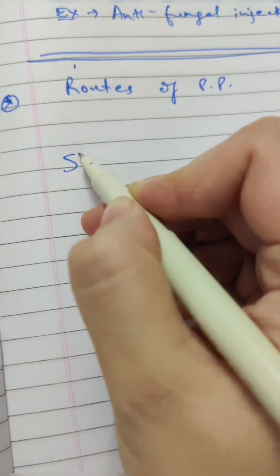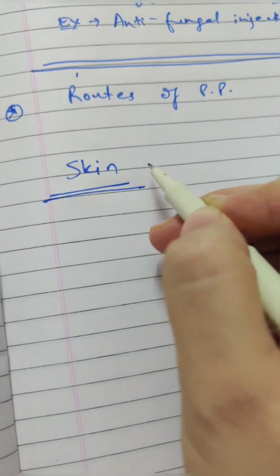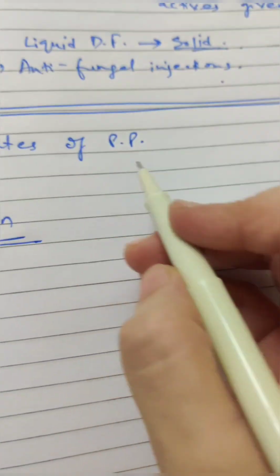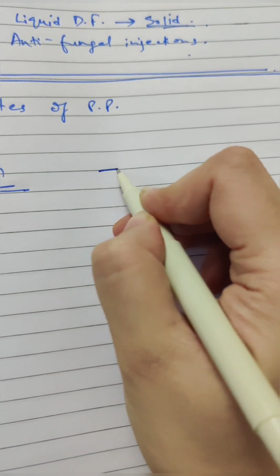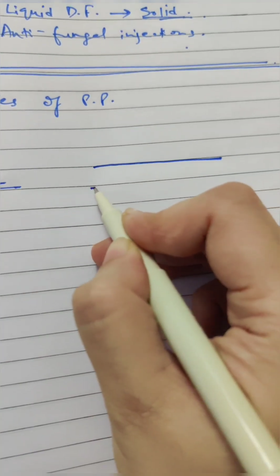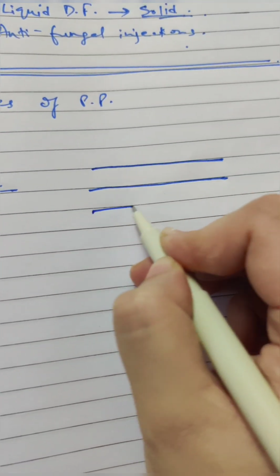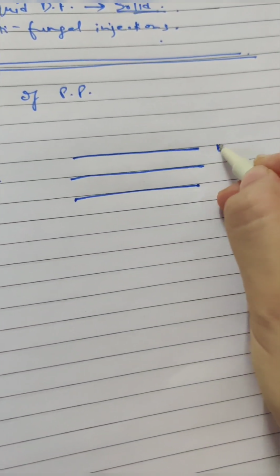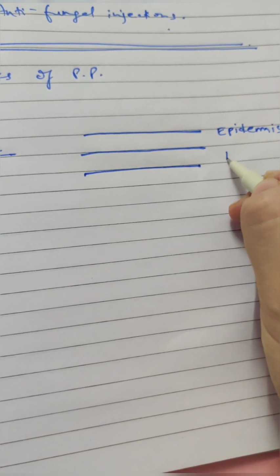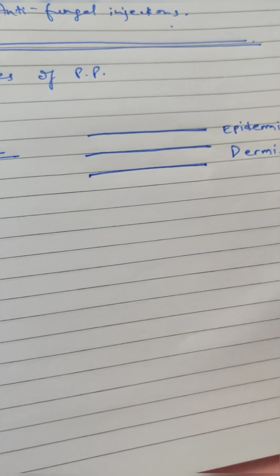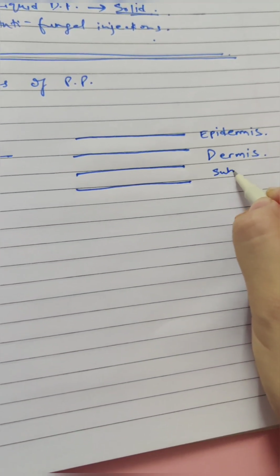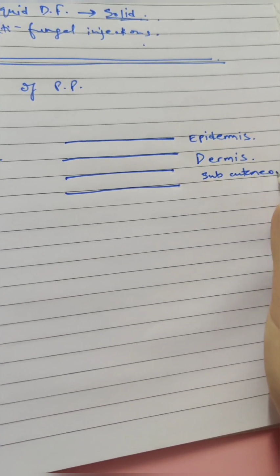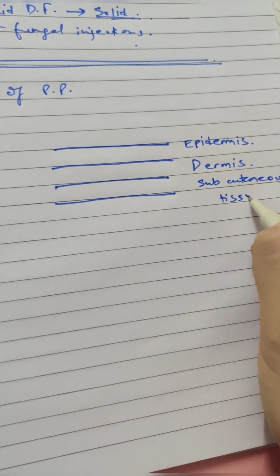But firstly, we must understand the physiology of skin. Now, there are several layers of skin. Firstly, it's the epidermis. Then it's the dermis. Then comes the subcutaneous tissue, as we go deeper into the skin.